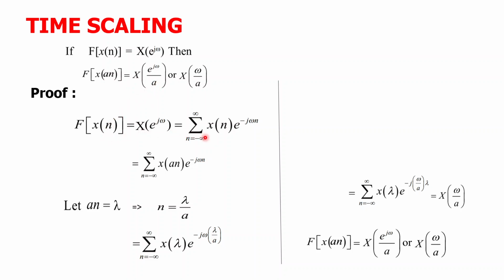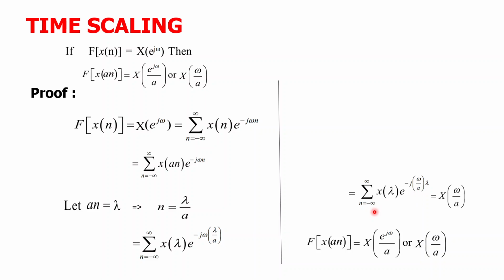Similarly, this is the formula for DTFT. We are going to find now the DTFT for x of an. So put x of an here and assume an as lambda. So n will become lambda by a. Substitute here and write it in the form of omega by a. Lambda by a, you write omega by a.